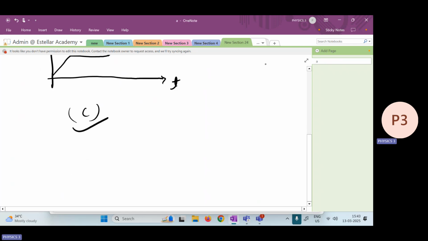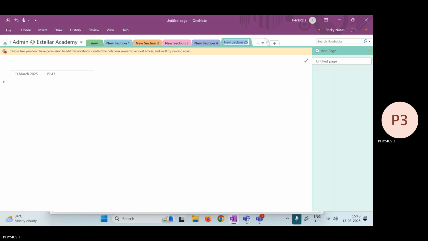Now let's go for the next question. 19th question. In the 19th question, we have given the velocity versus time curve of a moving point as given below. We have to find its maximum acceleration. As in the question, we can see the velocity time graph is given. Now we know that acceleration is the VT curve's slope, right?